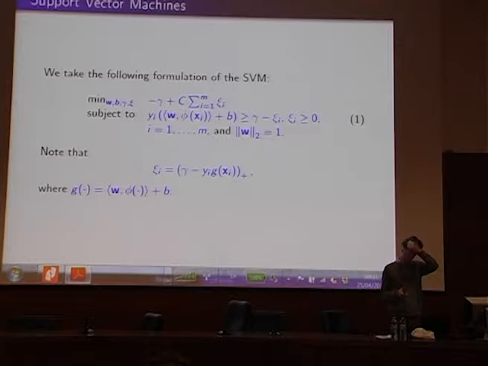Now the nice property is that if you take this optimization, firstly, it's actually a convex optimization, so there's a unique optimal solution to it. And so you don't have worries about local minima or any of that sort of stuff.